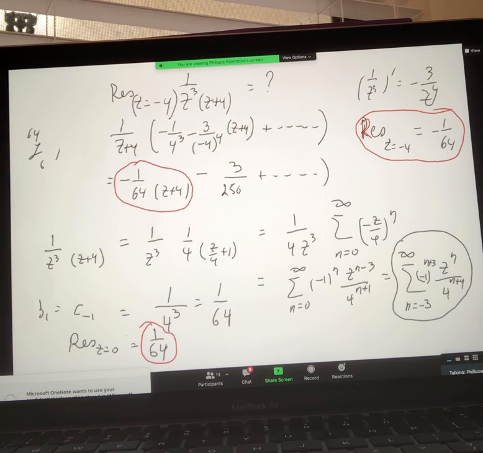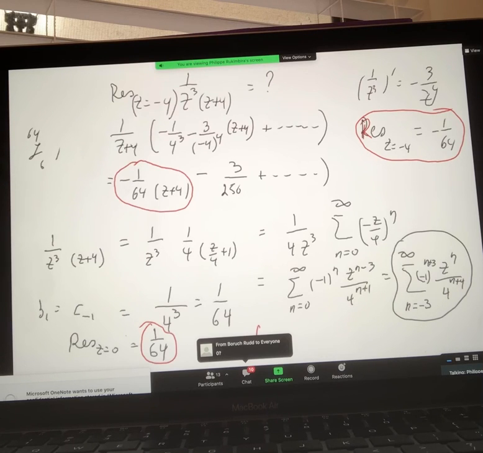So now I can write down the integral is going to be 2 pi i times the sum of these two residues. And the answer would be then 0. Yes, that's correct. That would be 0.